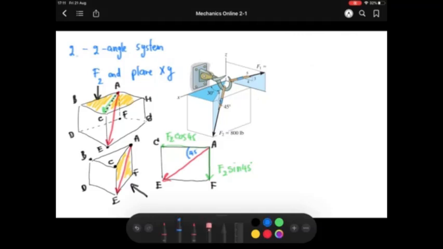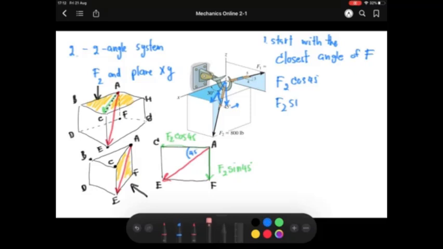Let's start with the closest angle of the force, or of any vector that you want to find the components of. From here, 45 is the closer angle in this system, so let's do the 45. You should get F2 cos 45 here, and then F2 sine 45 here.